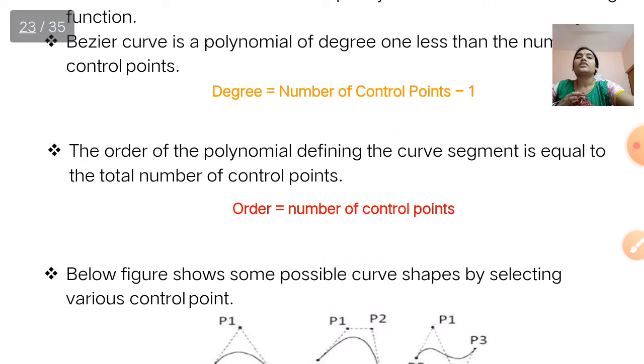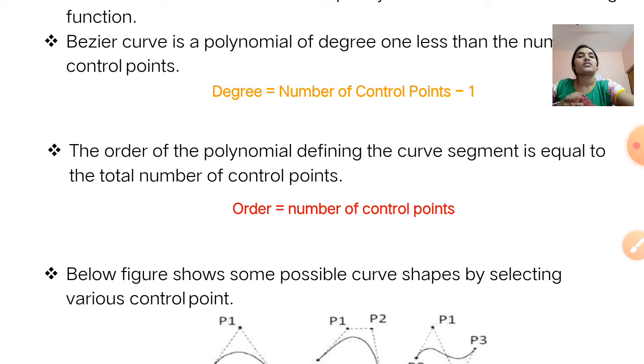Next, the order of the polynomial defining the curve segment is equal to the total number of control points. That means order equals the number of control points.